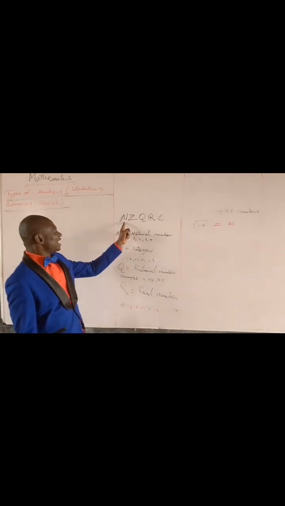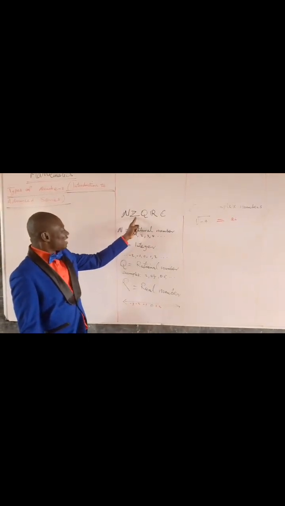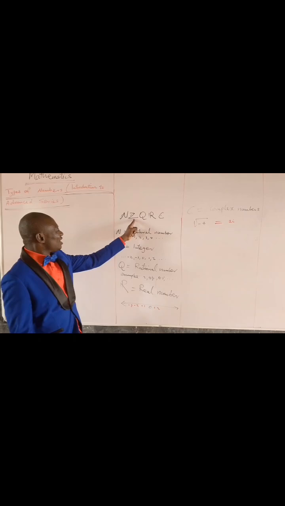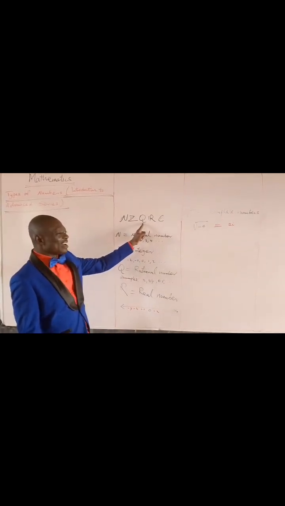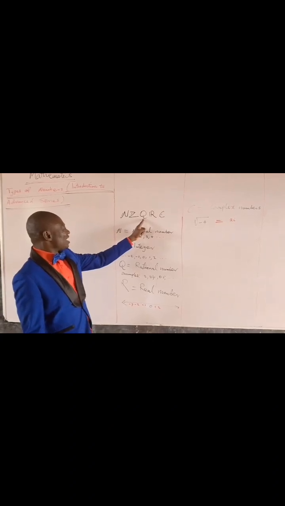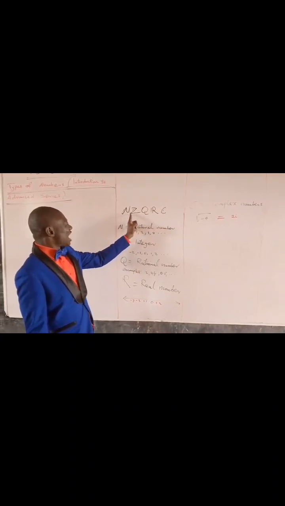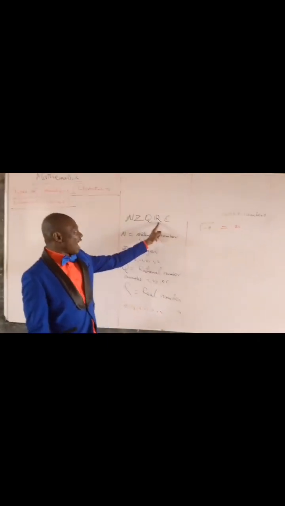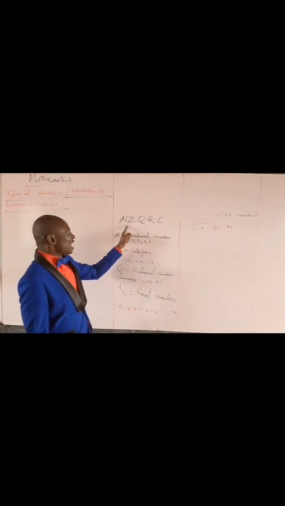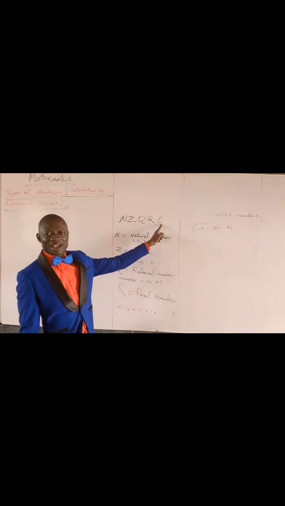Natural numbers are under integers. Natural numbers and integers are under rational numbers. Rational numbers, integers, and natural numbers are under real numbers. And so all four of them are under complex numbers.